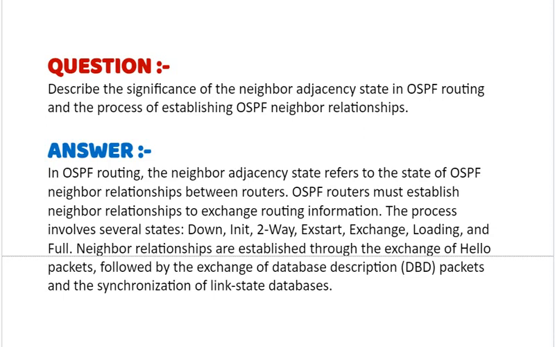OSPF routers must establish neighbor relationships to exchange routing information. The process involves several states: down, INIT, two-way, ExStart, exchange, loading, and full. Neighbor relationships are established through the exchange of hello packets followed by the exchange of database description (DBD) packets and the synchronization of link state databases.